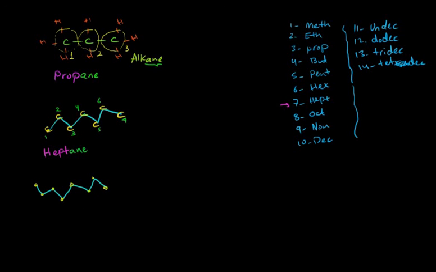We have 8 carbons here. So what is the prefix here? If you have 8 carbons, it will be oct. Oct-an. So it'll be octan. Alright?